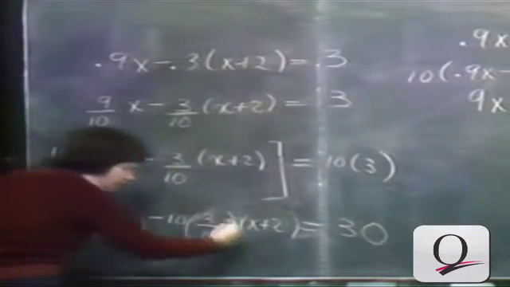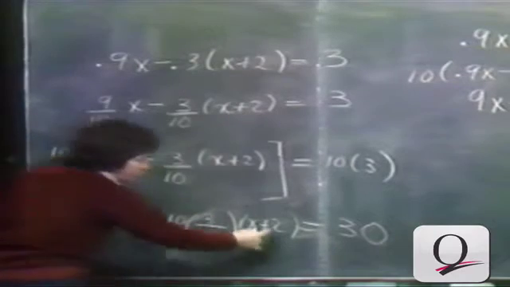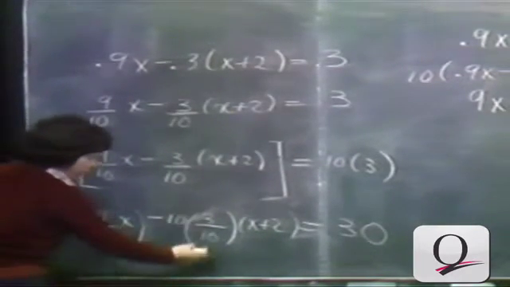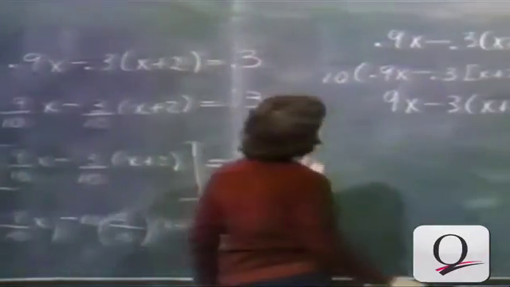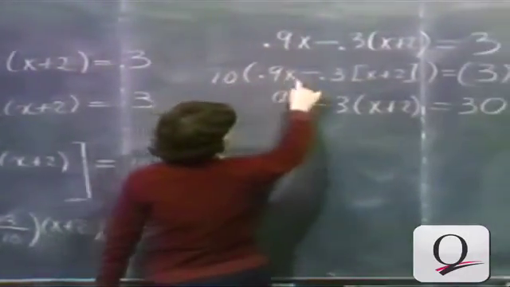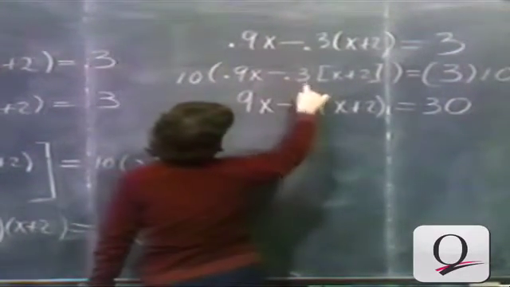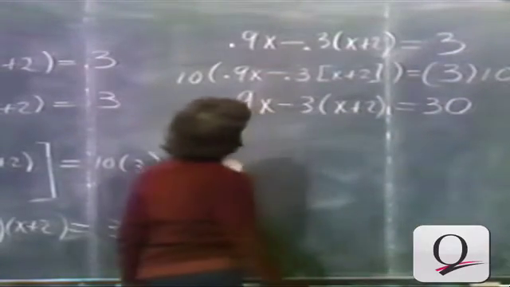You don't distribute the 10 through here. The same thing over here. 10 times the 0.9x gives you 9x. Take away 10 times the 0.3 gives you 3 times (x plus 2) equals 30.